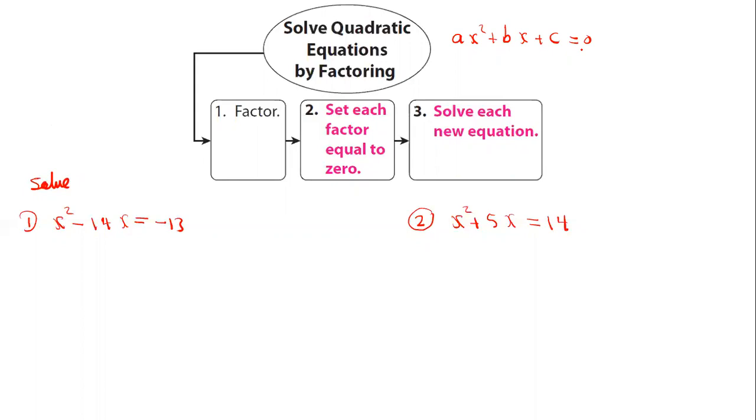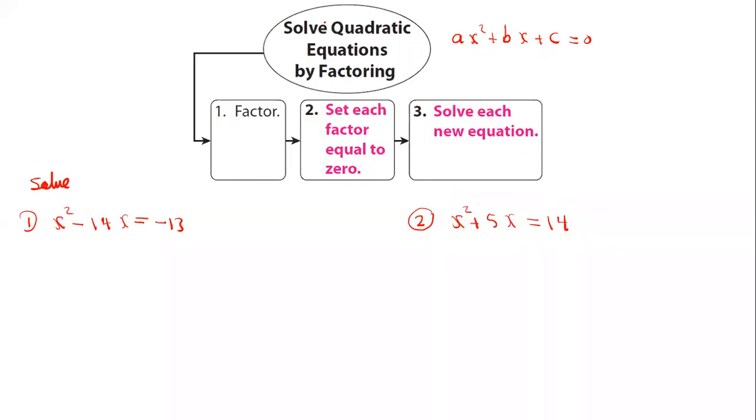Then I will use the zero product property to get the value of x. So the first step is to convert a quadratic equation into this form: left-hand side, a trinomial written in standard form, and right-hand side 0.